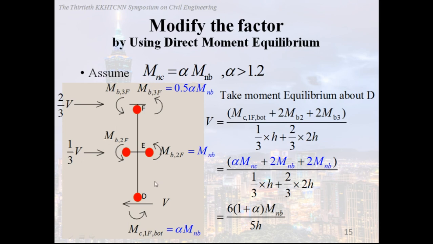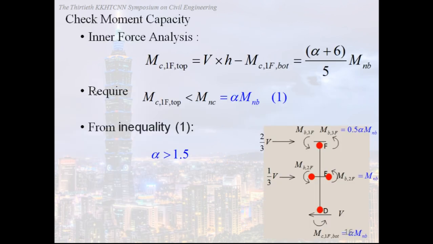And similarly, we also use the direct moment equilibrium to get the base shear V. And we require that the MC of the first floor at top smaller than MNC. In this way, the failure mode of the structure will become beam mechanism. And from this inequality, we get the amplification alpha larger than 1.5 to satisfy this code.